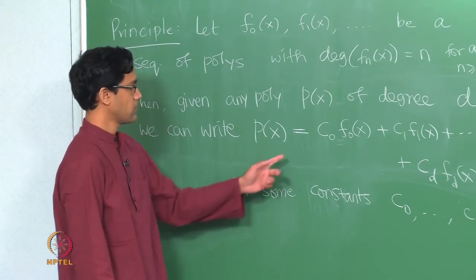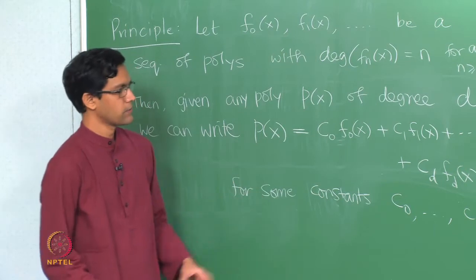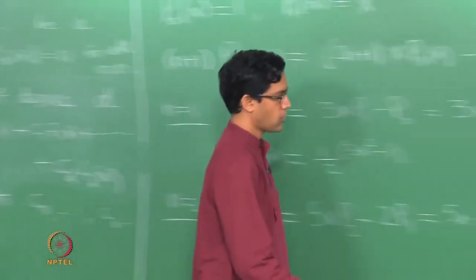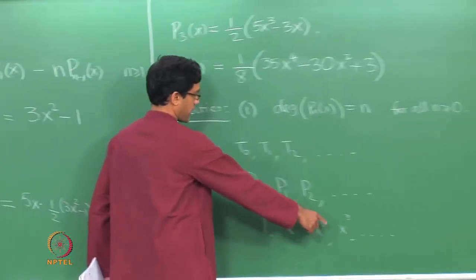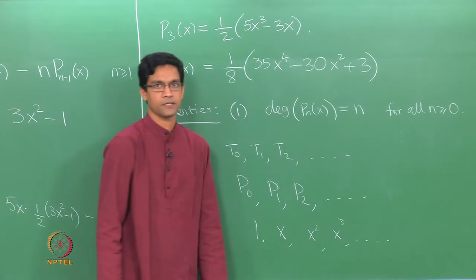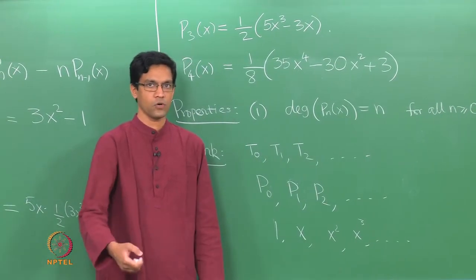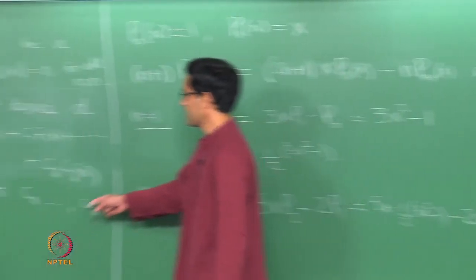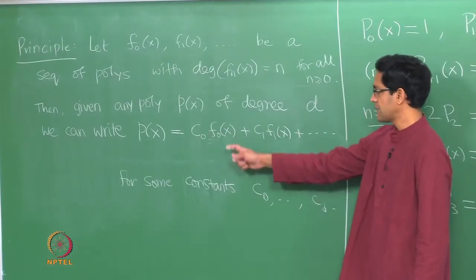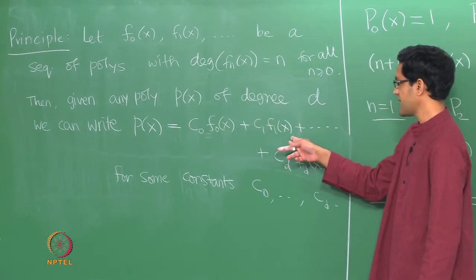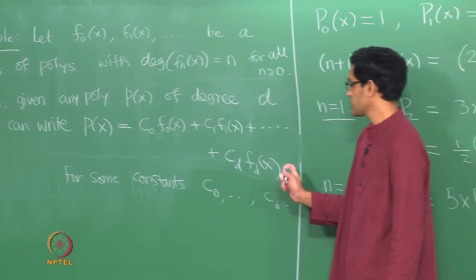So observe, if I apply this principle to the last series that we wrote down, the polynomials 1, x, x squared, x cubed, and so on, think of these as being f0, f1, f2. Then this principle just says that a polynomial of degree d can be written as some constant times 1 plus some constant times x plus some constant times x squared, and so on.